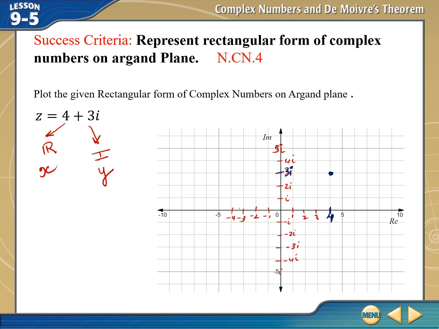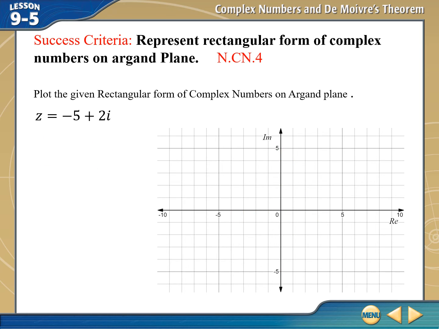Now if they only ask you to just show the complex number, then just make a dot. And if they ask you to show the direction also, then just join it with your 0, that means with the origin. So that's all.